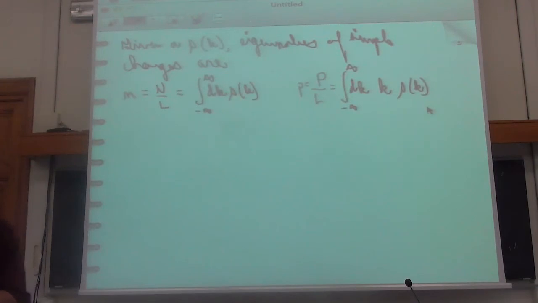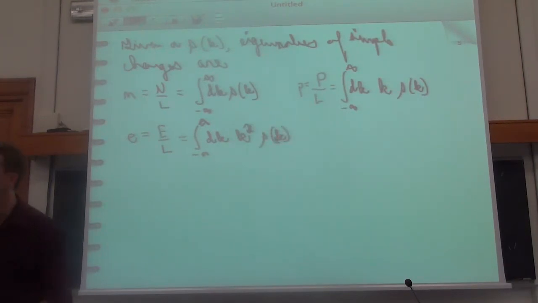The energy was just the summation of K squared. So the energy density is simply the integral from minus infinity to infinity dk of K squared rho of K.